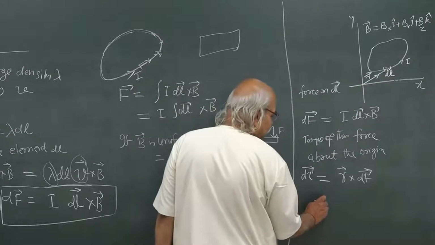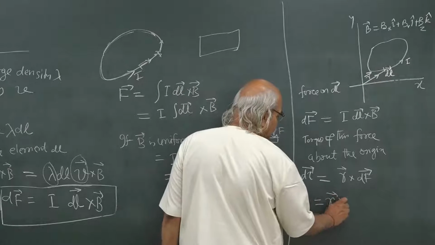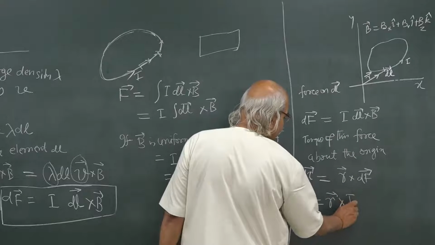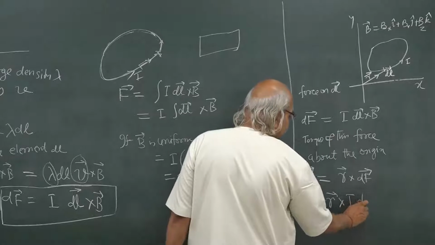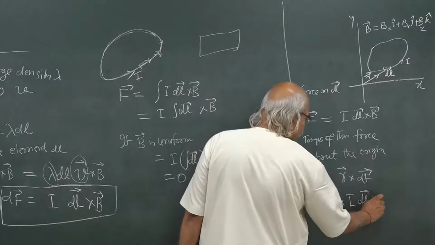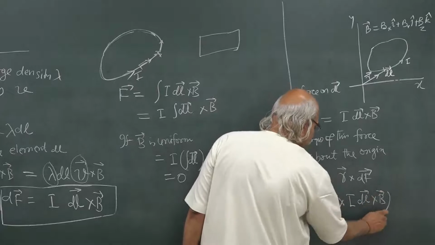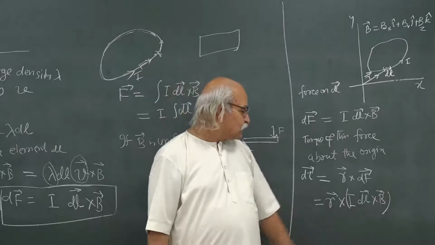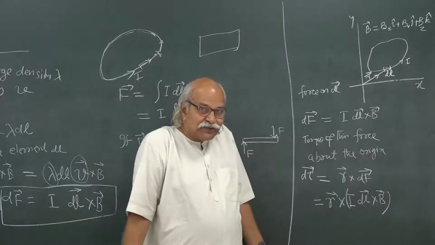So, this will be equal to r cross dF, which is I, and then r, and then cross, bracket, dl, and cross B. You have to put the bracket here. There are two cross products, so it is not associative.